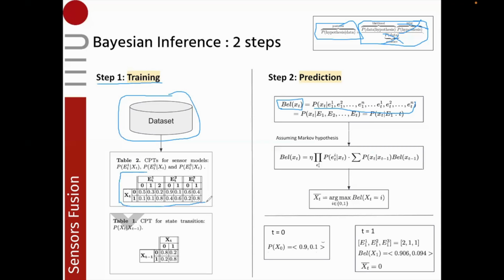Just to be more specific, for sensor 1, what does the likelihood function mean? Sensor 1 is the door sensor. It can be open, closed, or locked.